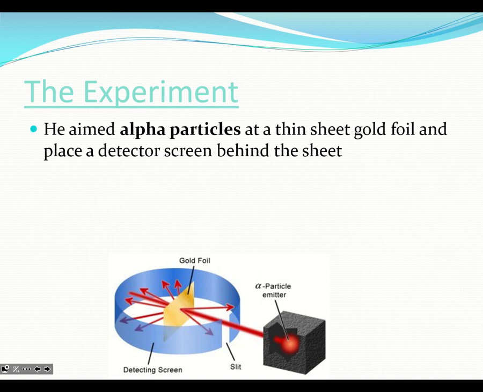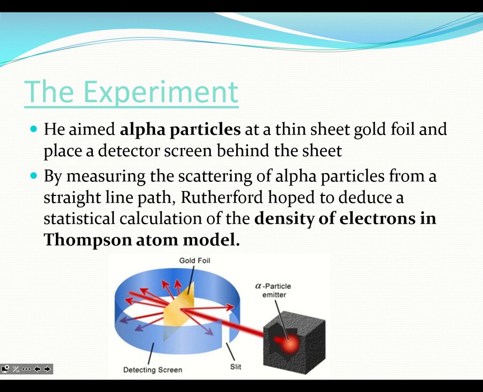He aimed alpha particles at a thin sheet of gold foil and placed a detector screen behind it. He was not trying to do anything other than figure out more about Thomson's atom. By measuring the scattering of the alpha particles from a straight line path, Rutherford hoped to deduce a statistical calculation of the density of electrons in Thomson's atom model. He just wanted to find what the density of those electrons was.